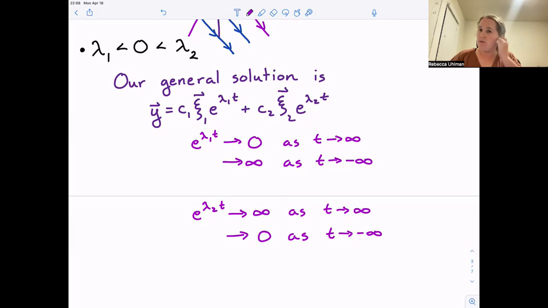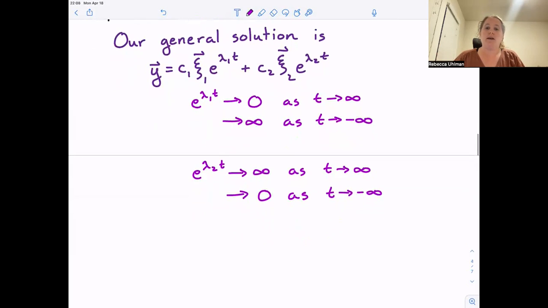We'll start off following along. As we go back in time, we'll follow along psi1, heading out away from the origin. And as we go forwards in time, we'll follow along psi2, heading away from the origin.